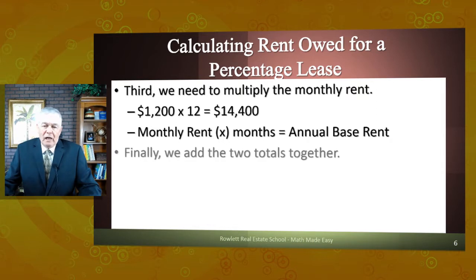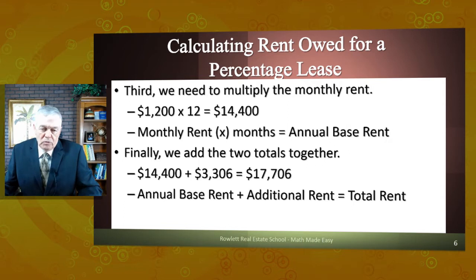You add that together with the 3,306, and it comes up with $17,706. That's your annual base rent plus the additional rent that they get off of the 3%, and it gives you the total rent. That's how you do a percentage lease.